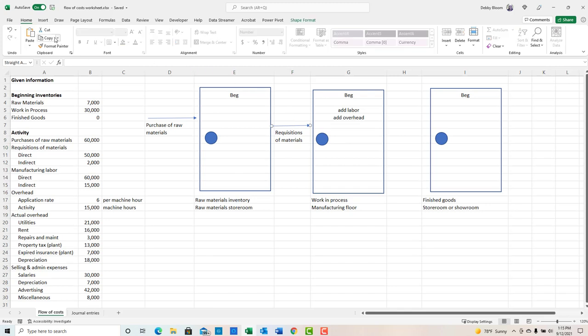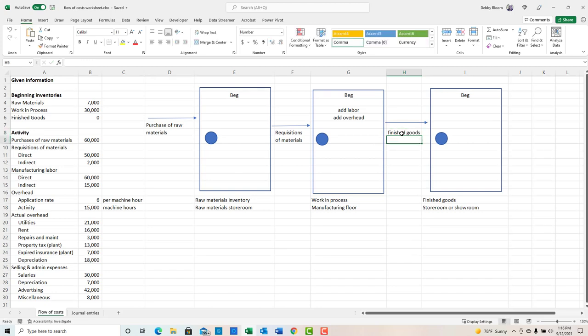So now let's look at the last part of the process. In the final part of the process, once the goods are finished, we're actually going to move them from the manufacturing floor over to our finished goods storeroom or our finished goods showroom.